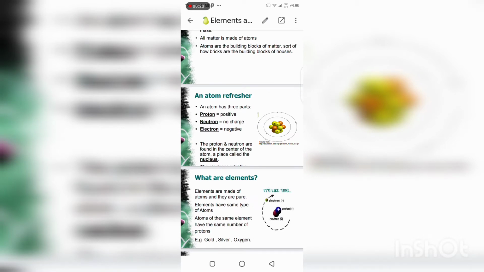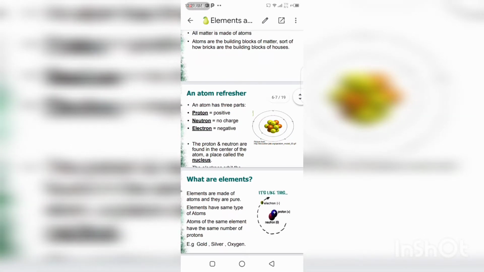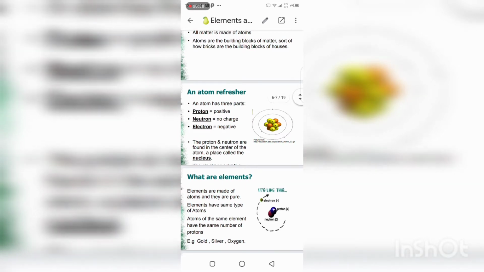An atom has three parts. Proton is positively charged, neutron has no charge, electron is negatively charged. Look, it is the structure of an atom.